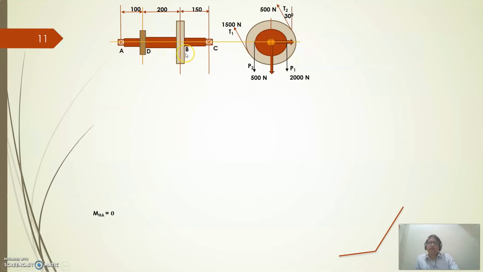D is smaller, B is bigger. The load tension is given at an angle of 30 degrees. The belt tensions T1 and T2 are given as 1500 and 500. That means the total load is acting at the center, in this direction, at an angle of 30 degrees to the vertical.